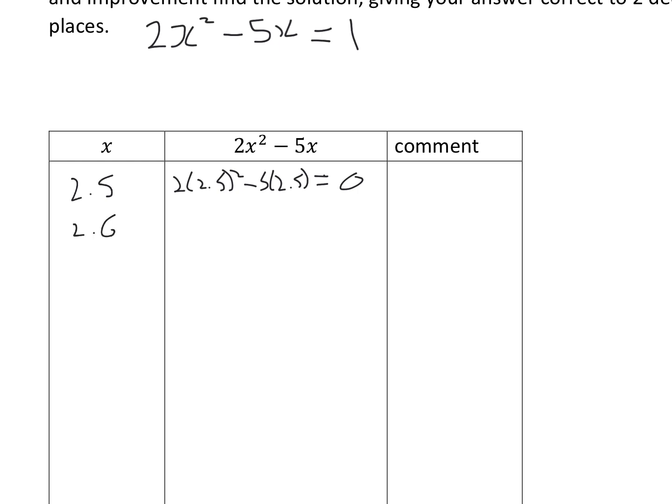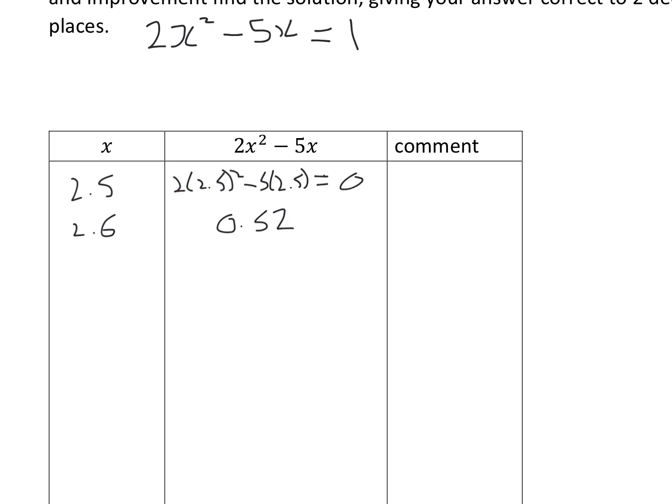If I go up a bit higher, 2.6, if I put that in, probably speeding this up quite a bit because you can put the values in yourself. If you're doing it non-calculator, which this one wouldn't be, you're squaring that x first and then doubling it. That's important.